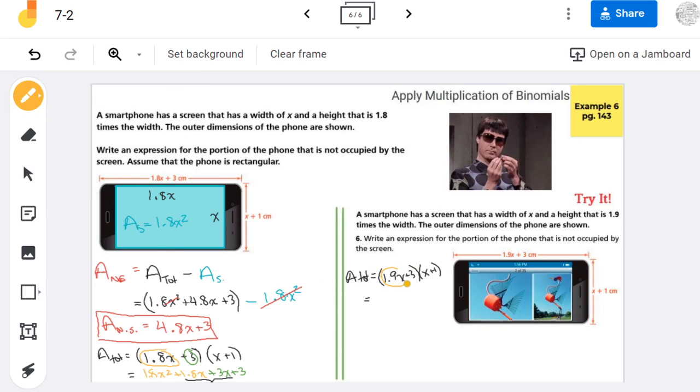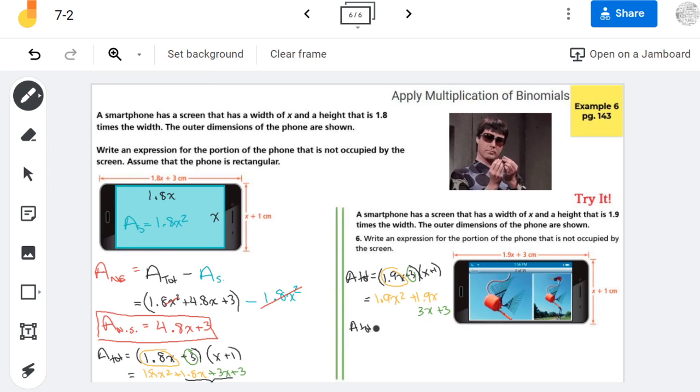So I'm taking that 1.9x and multiplying it to each term in the second set of parentheses. So 1.9x times x is 1.9x squared, and 1.9x times 1 is 1.9x. And now doing that same thing with the 3. 3 times x is 3x, and 3 times 1 is 3.